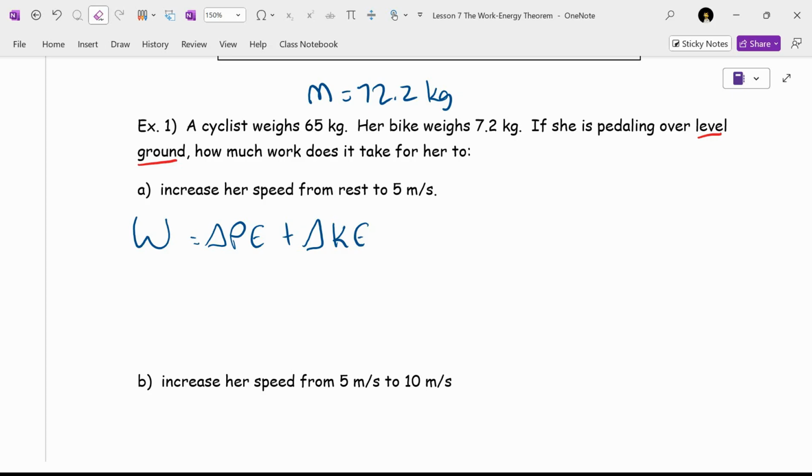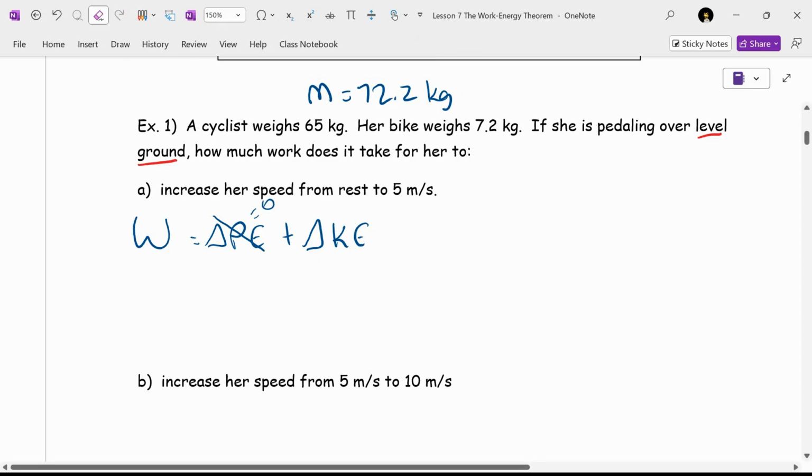Christina, what two words did I underline? Level ground. What do you think the change in gravitational potential energy is going to be if you're on level ground exactly as a number? Okay? Hudson, what's change in anything?